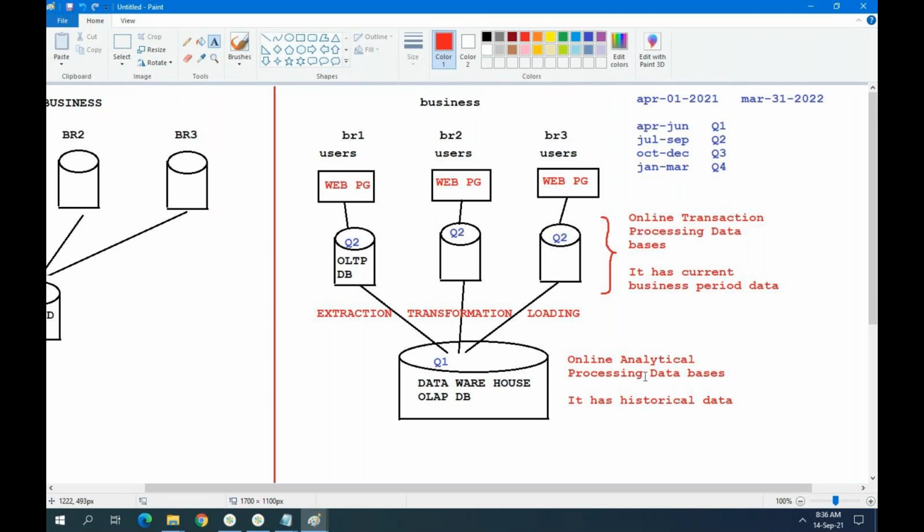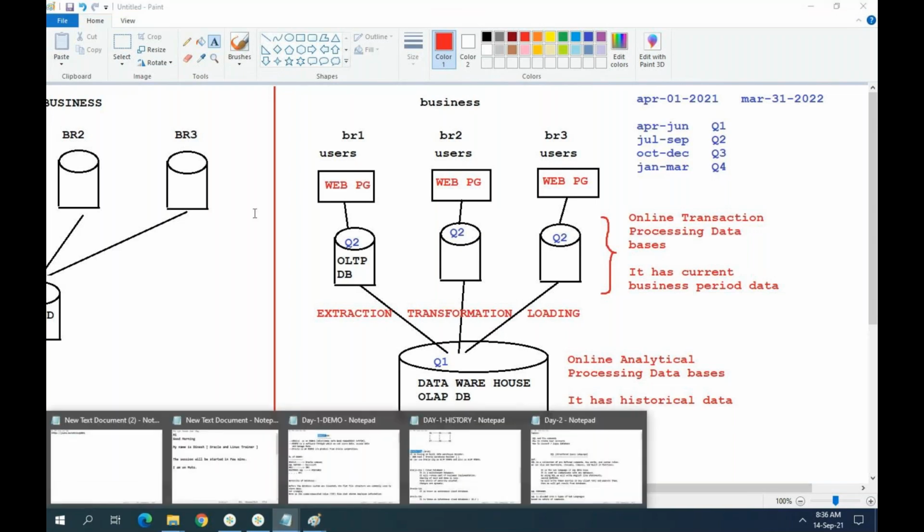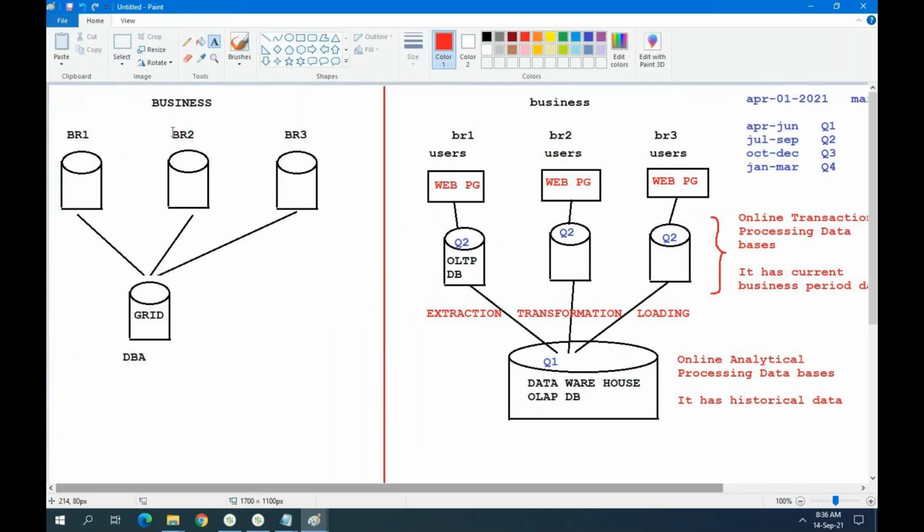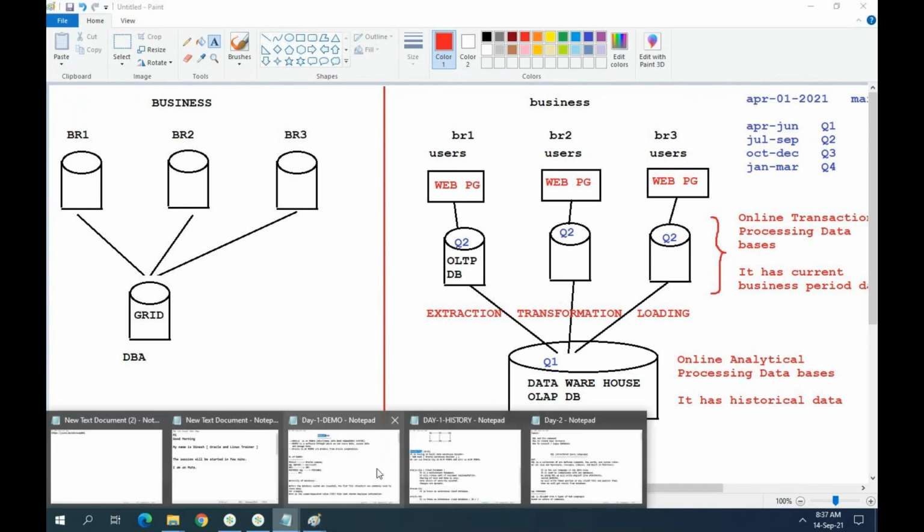So at present, my target is Oracle 11G. Generally, Oracle 10G is there. You can only use 10G as OLTP. But from 11G onwards, you can use it as OLTP, an online transaction database, and also as an OLAP, online analytical processing database.